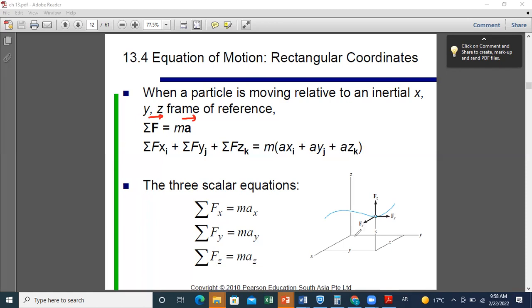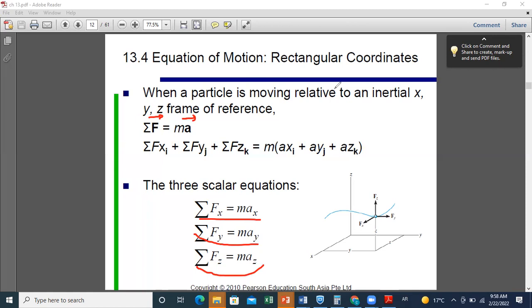So if you are working in an XYZ frame, this vectorial relation can be decomposed into: sum of F_x equals m a_x, sum of F_y equals m a_y, and sum of F_z equals m a_z.